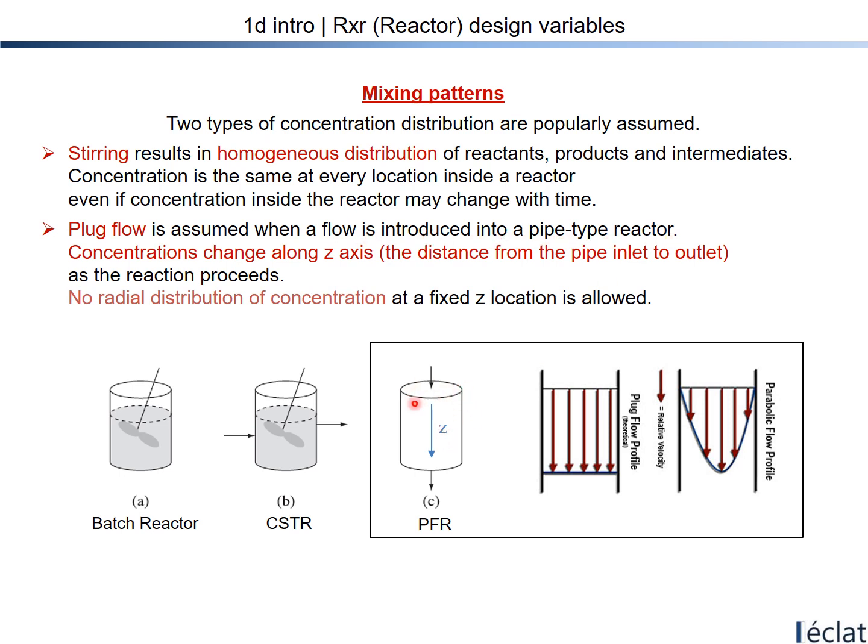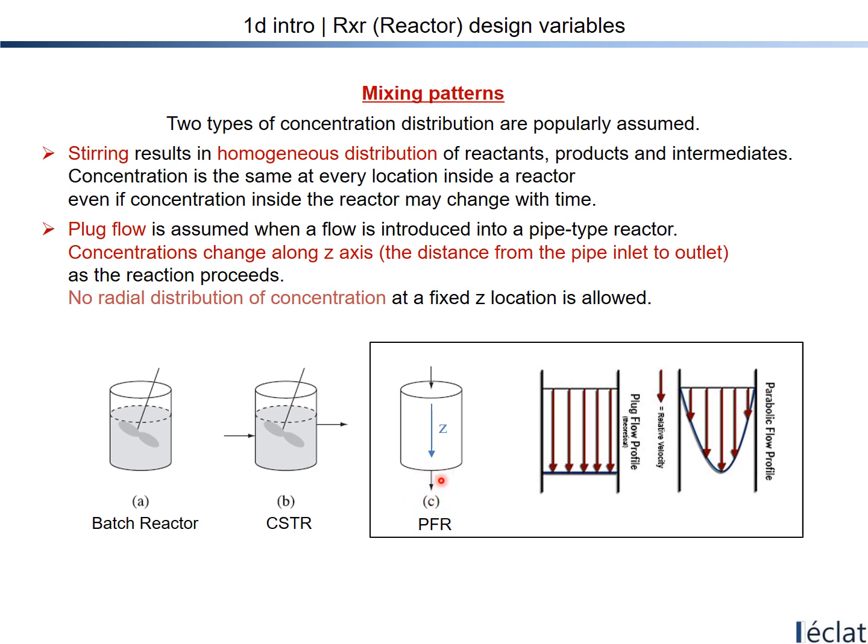This reactor is a kind of pipe, and from the top some reactant is introduced into the reactor, and then this media is flowing along the z-axis and finally going out of the outlet of the pipe type reactor.